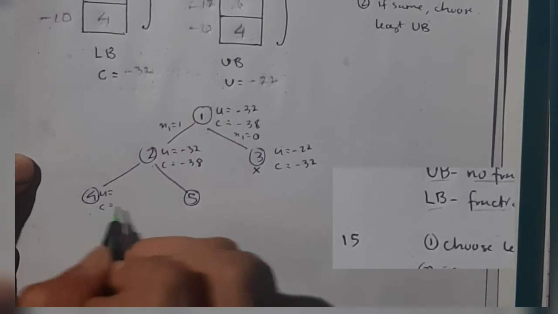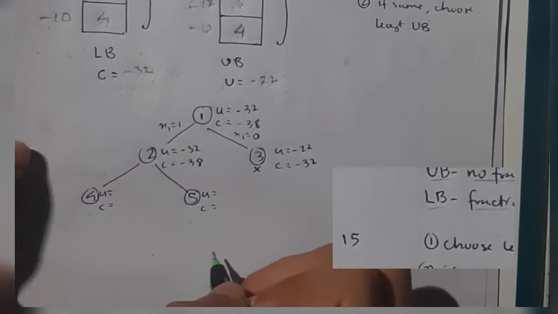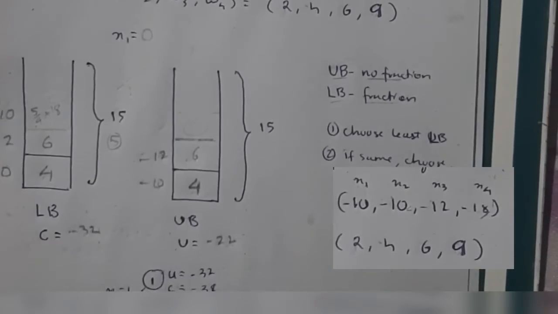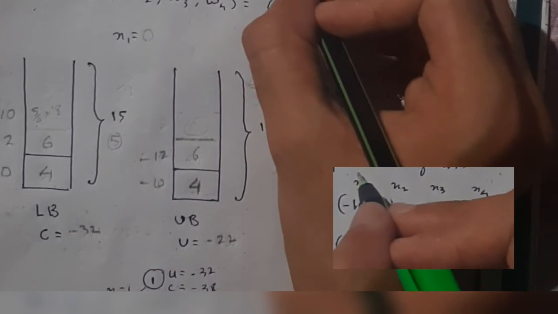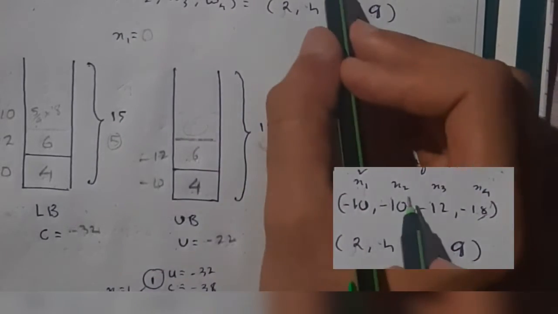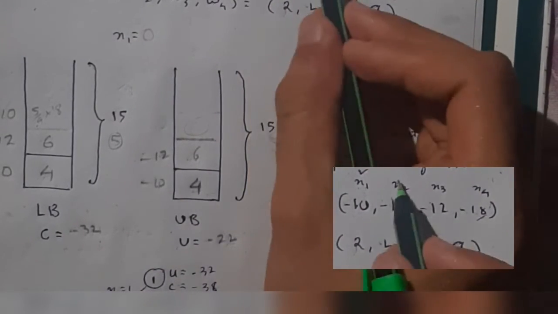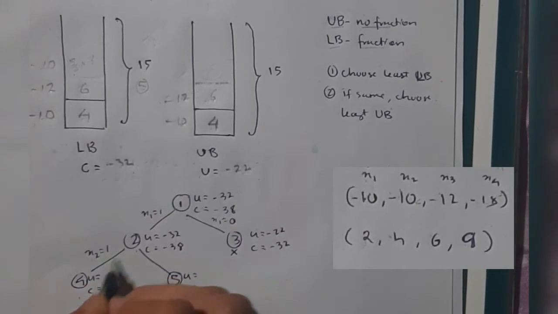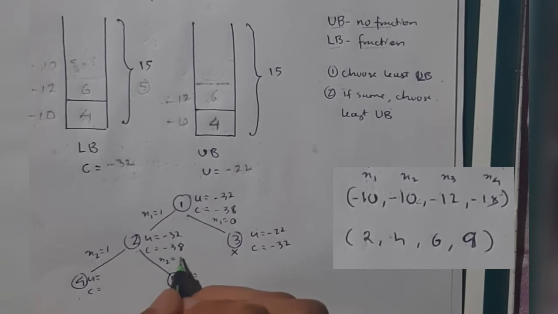We'll write U is equal to, C is equal to, U is equal to, C is equal to. Now x1 is over, meaning x1 has been selected, so we mark a tick here. Then we have to do x2 now. I have two possibilities: either x2 is equal to 1, meaning including x2, or x2 is equal to 0.